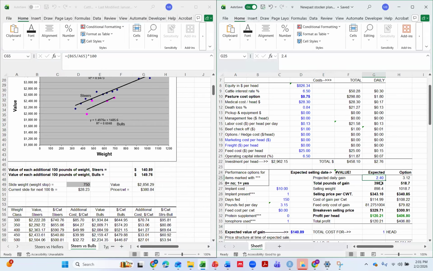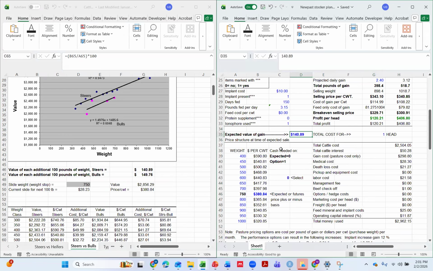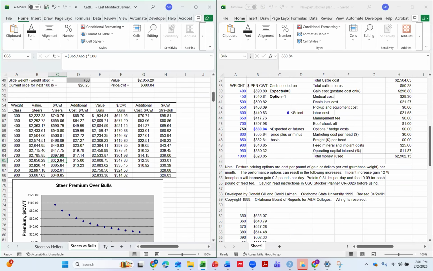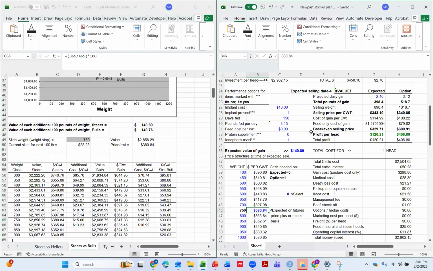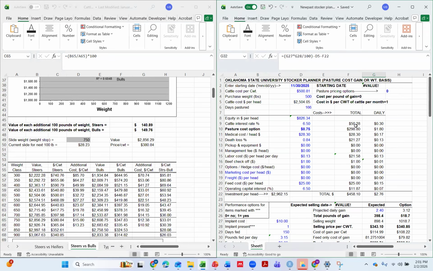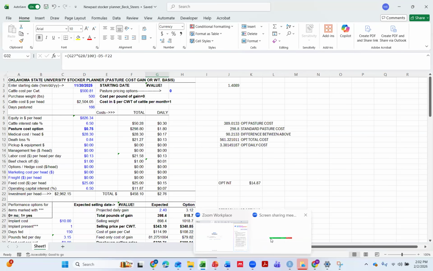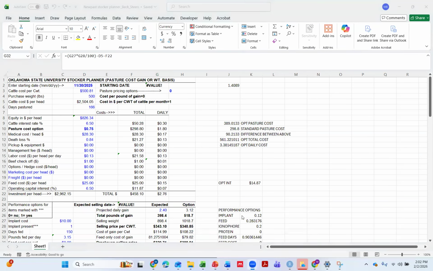So we have our projected daily gain here. We put in our expected value of gain here based off of this table here in our cattle val, 380.84 for a 750-pound animal. That is used to calculate our selling price. Under this scenario, we are expecting to make $120 per head. Which I think is maybe a little low compared to what a lot of people would be expecting to make in today's climate.